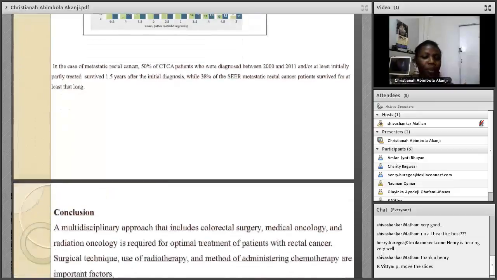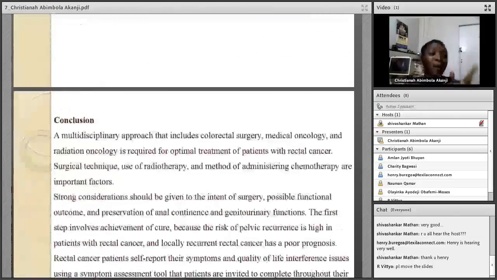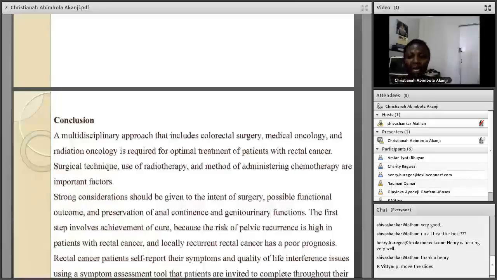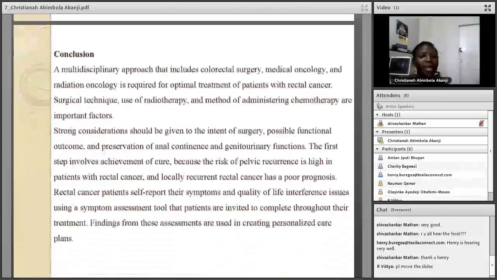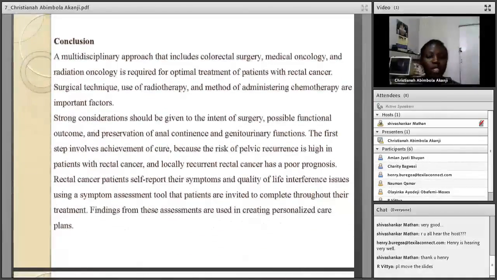Conclusion: a multidisciplinary approach that includes colorectal surgery, medical oncology, and radiation oncology is required for optimal treatment of patients with rectal cancer. Surgical techniques, radiotherapy, and the method of administering chemotherapy are important factors.